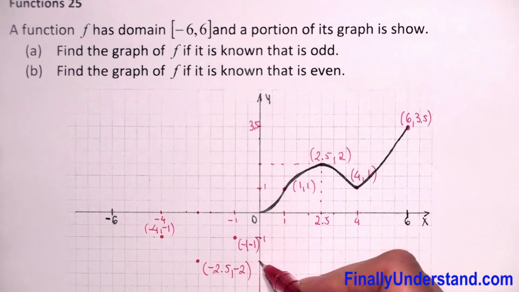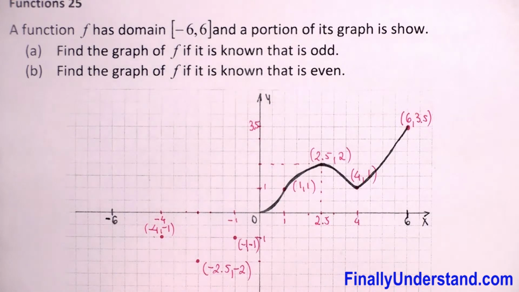So here will be our 4th point, negative 6 and negative 3.5.